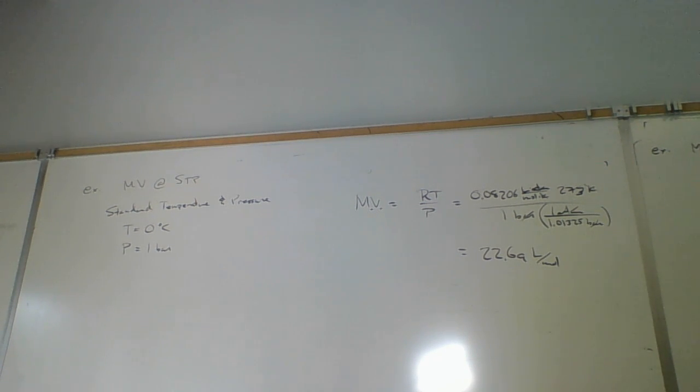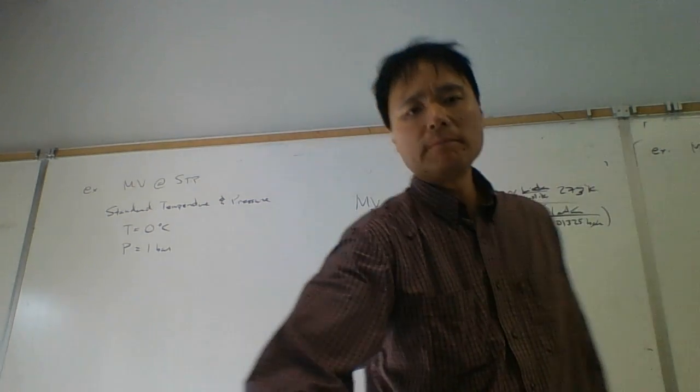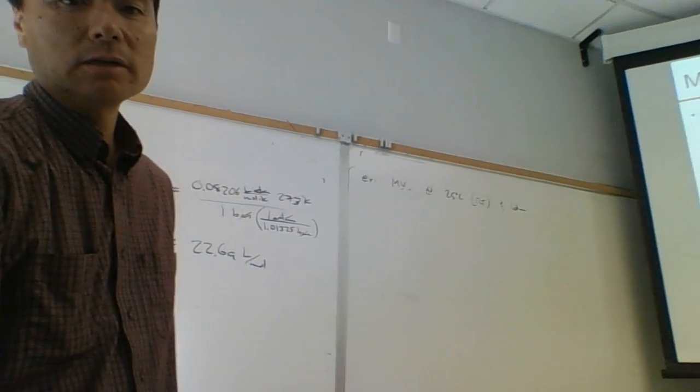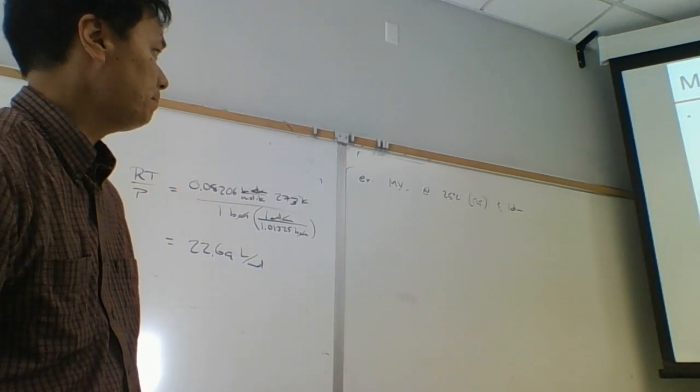But this one is a better number to memorize: the molar volume at 25 degrees C. 25 degrees C is what we call RT, or room temperature, and 1 atmosphere. Where does 1 atmosphere come from? 1 atmosphere comes from the average daily pressure, whereas 1 bar comes from the physics, the mechanics, kilograms, meters, and so on.